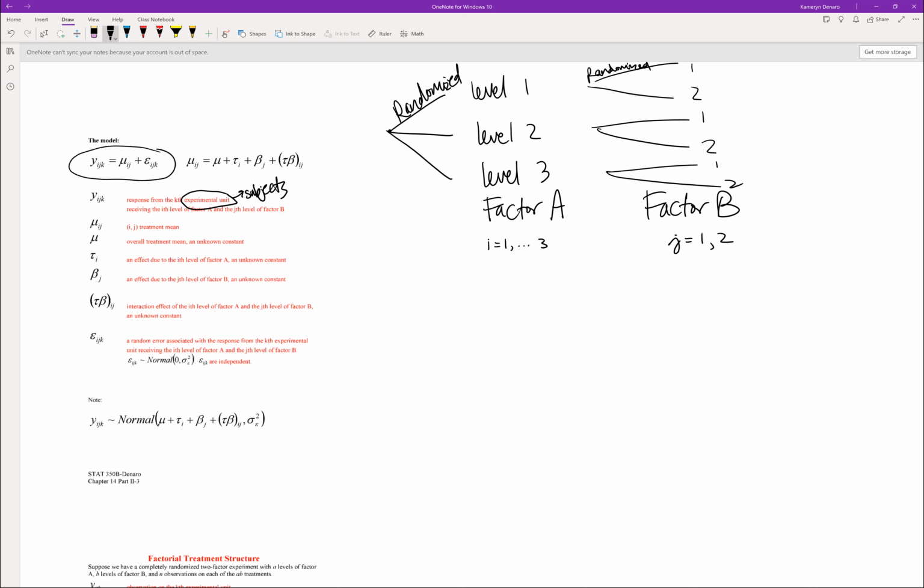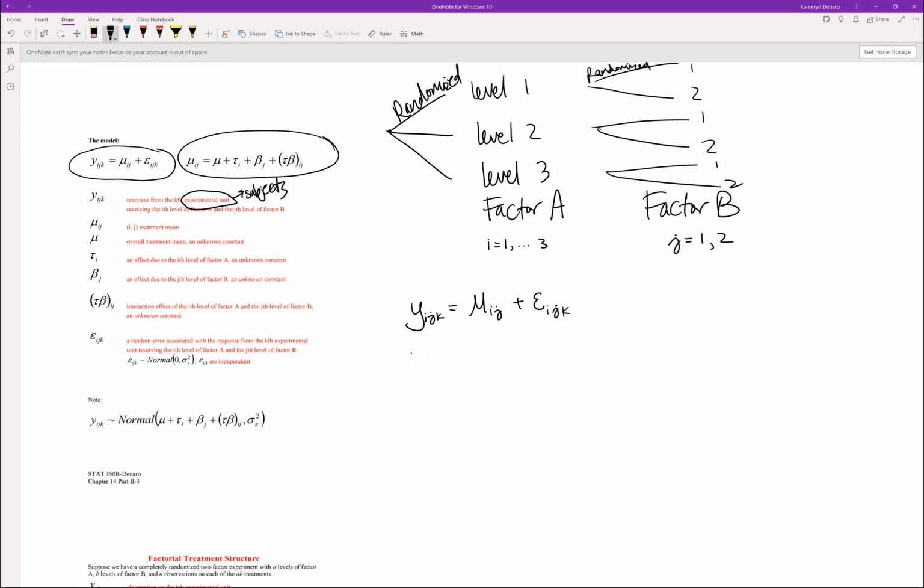We could break down this mu_ij by doing this. You could either say y_ijk is some overall mean for the ij treatment plus the random error of the ith level of factor A, the jth level of factor B, and the kth person, or the kth experimental unit if you weren't talking about people.